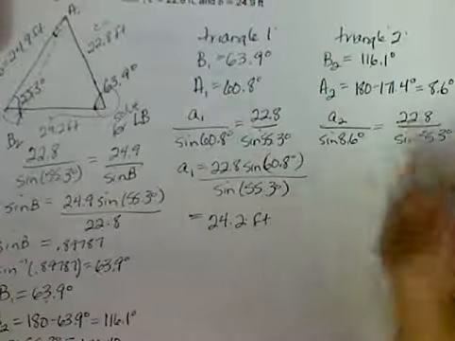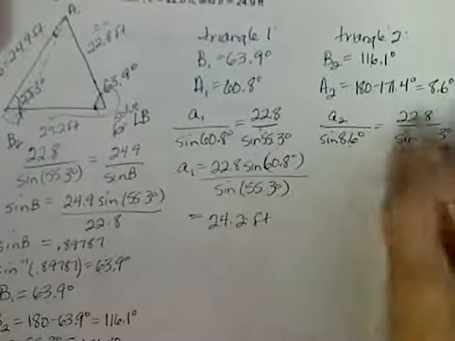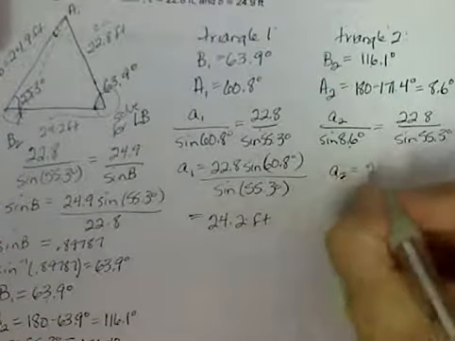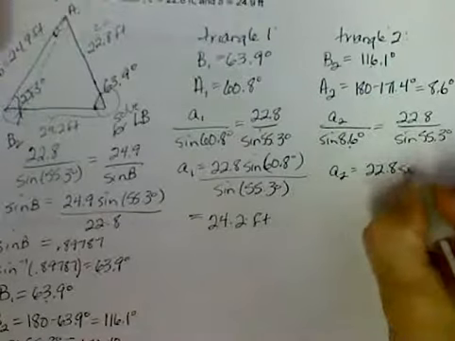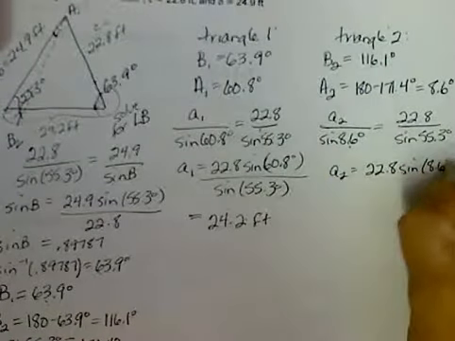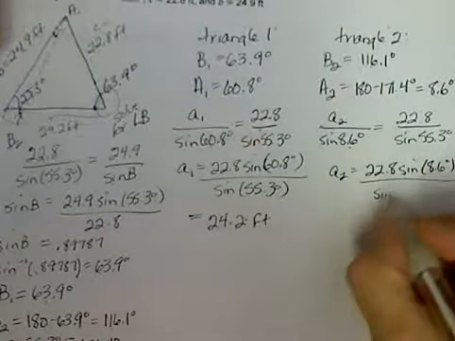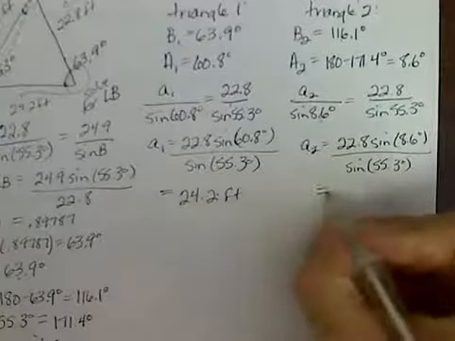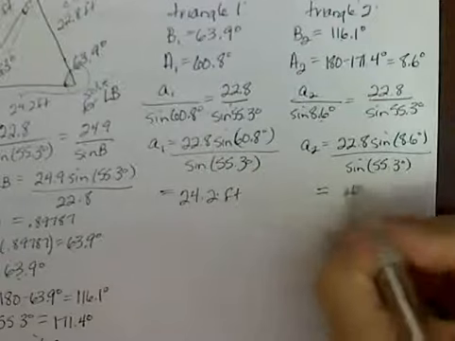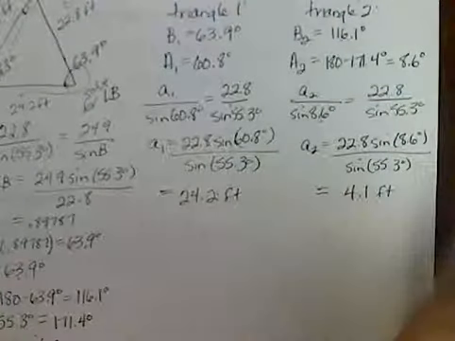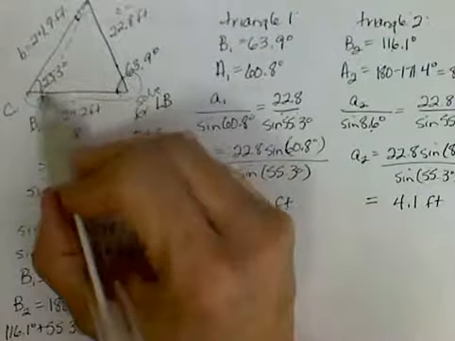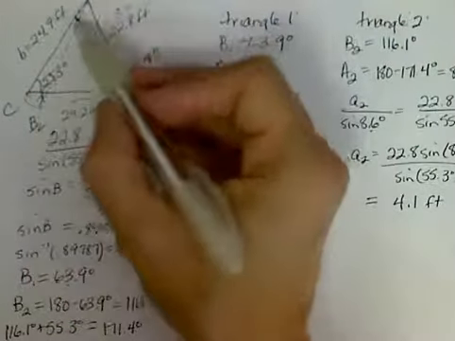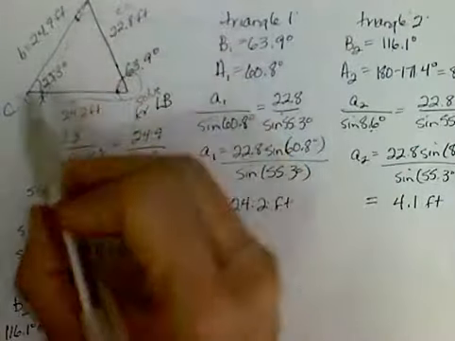To solve this for A2, I'm going to multiply both sides by the sine of 8.6 degrees. And when I work that out for A2, I end up with 4.1 feet. That would be this short side over here. And notice in this one that we've got this tiny angle here, and we also have a very short side here. So now we have everything for both of our triangles.